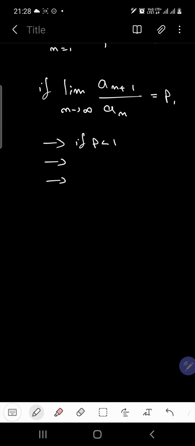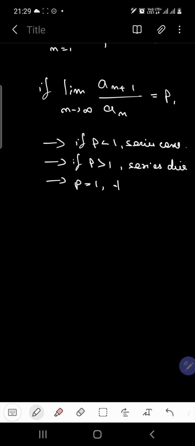If p is less than 1, the series converges. If p is greater than 1, the series diverges. If p is equal to 1, the test fails. That is, this test is not applicable if p is equal to 1. Clear?